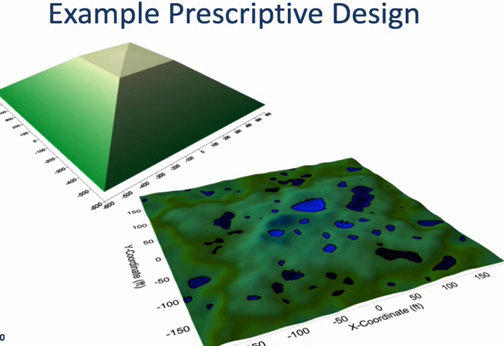Using prescriptive designs from MSW practice across the country, we went ahead and built a model of an example landfill, looked at what kind of subsidence we would see at the surface based on our models calibrated to case histories, and saw what distribution of pooling of water we would see on top of that cover.